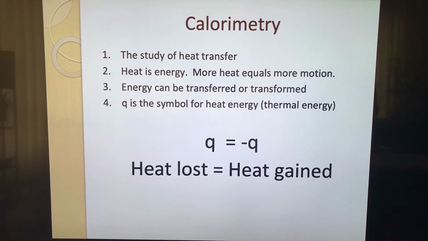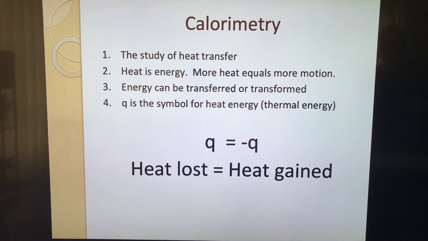Okay, this is the first time you've seen this, the study of calorimetry. And you may notice the similarity there in the word calories, about heat energy. When you think about calories in food, it is also calories, it is about energy, but the calorie we're going to talk about in chemistry is a little bit different than the units you see on a candy bar.